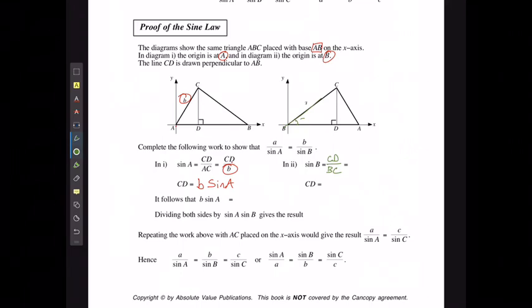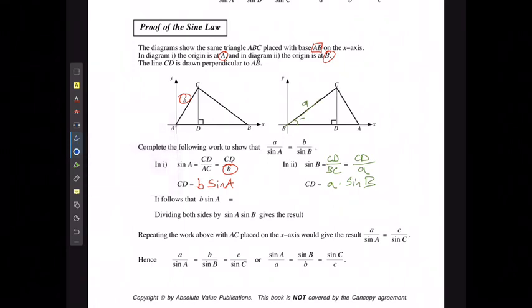And because BC is represented by a in this case, I can say that it's going to be the same as CD divided by side length a, which means CD is going to equal a multiplied by sine B.